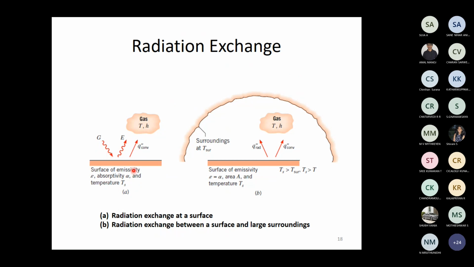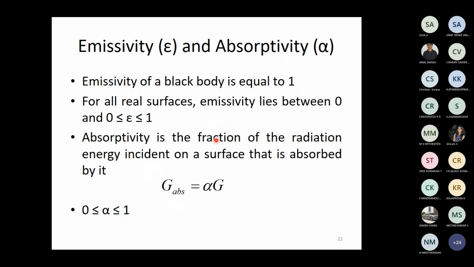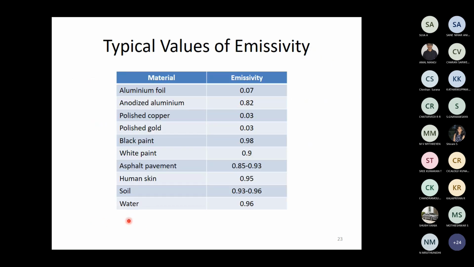That fraction of what is absorbed is called the absorptivity. Different surfaces will have different amounts of absorptivity. So G absorbed, the radiation absorbed, is equal to alpha, the absorptivity, multiplied by the irradiation. G is called the irradiation, that is the radiation falling on a surface. Again, the value of absorptivity is between 0 and 1.